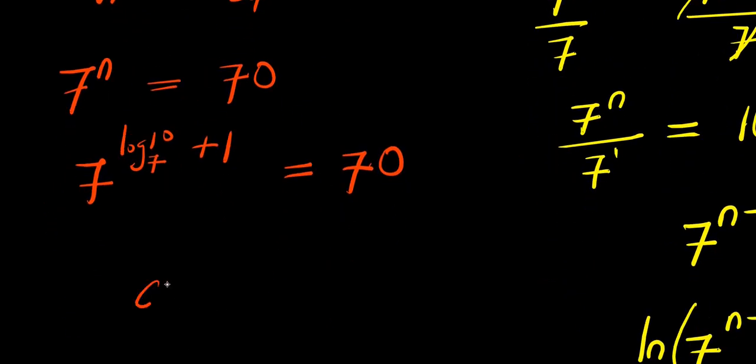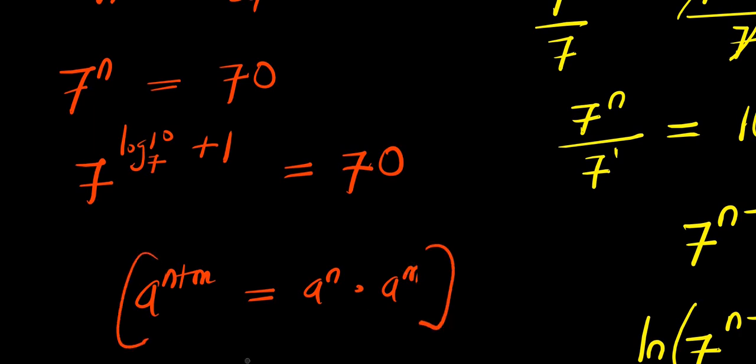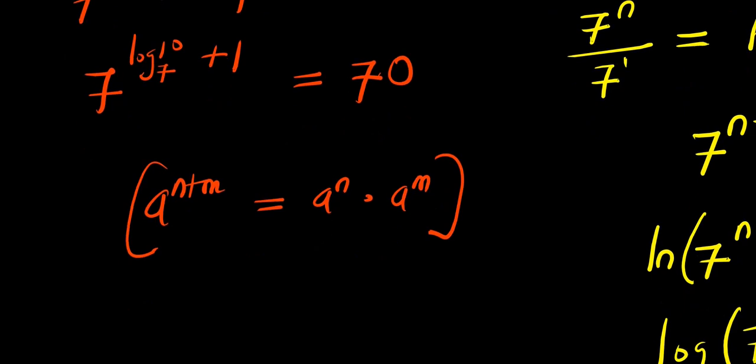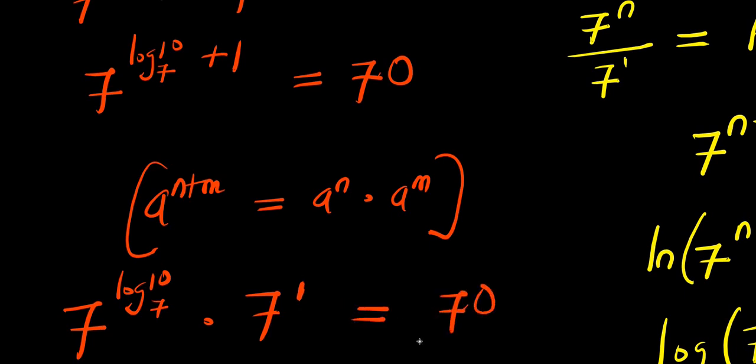Now, if you have a power m plus n, this equals a power m times a power n. So I apply that here. I have 7 power log 10 to the base of 7 times 7 power 1 equals 70.